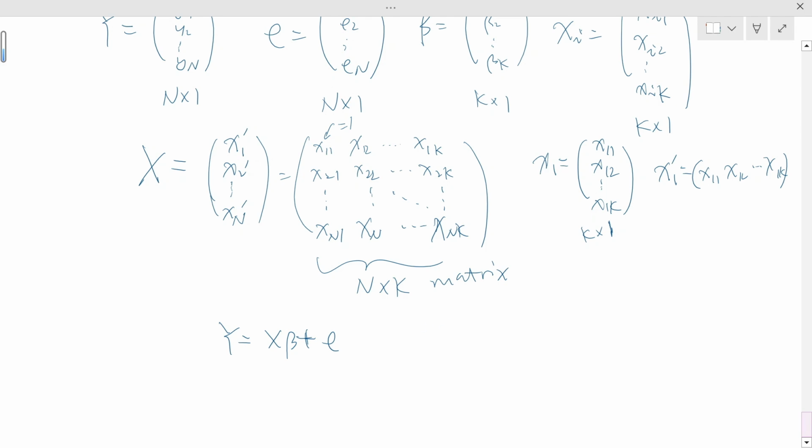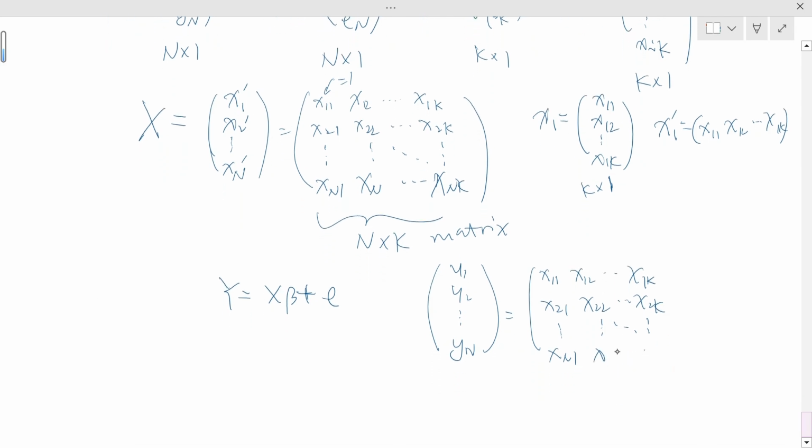Basically we're saying that y1, y2, up to yn is equal to the matrix x11, x12, up to x1k, down to xn1, xn2, up to xnk, times beta 1, beta 2, up to beta k, plus e1, e2, up to en.